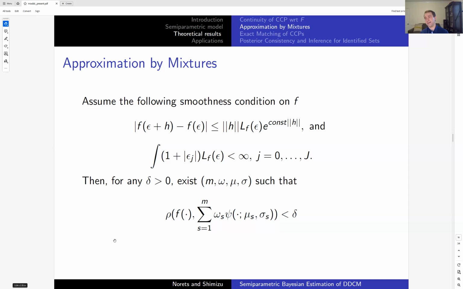Generally, I think you probably don't need it, but proofs are very short and nice, so we just decided to keep it short at this point. But these are the conditions on the class of densities that we can approximate by mixtures of extreme values here in this distance rho.